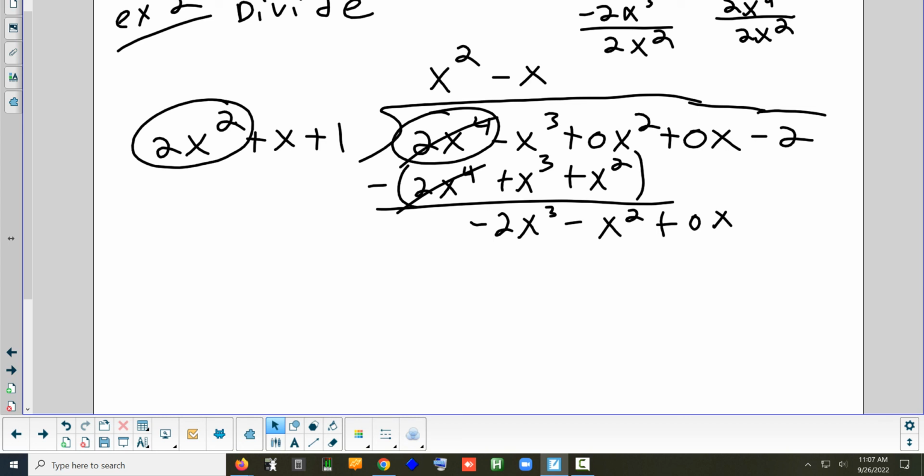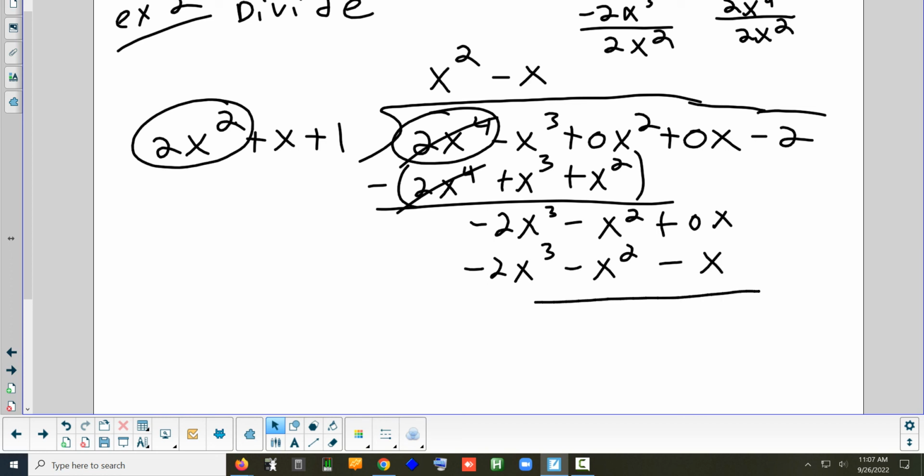What's negative x times 2x squared? And negative x times positive x. Negative x squared. And negative x times plus 1. Negative x.